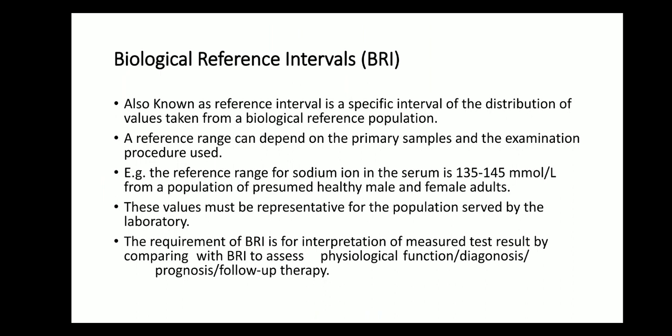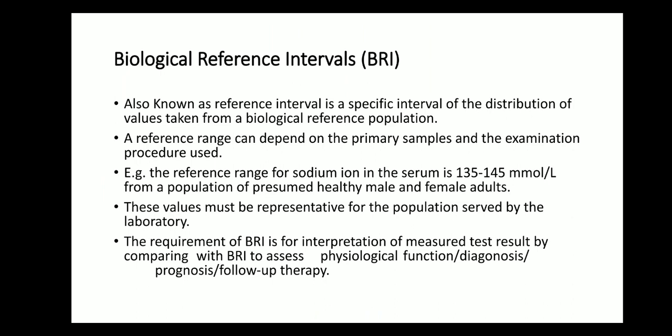This is obtained by analyzing a particular population, which is presumed to be healthy male and female adults. Some type of population study we do in the location, and based on their analysis we set a reference range.